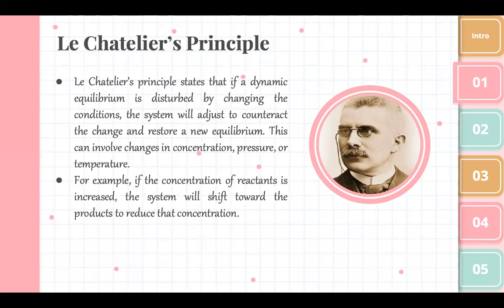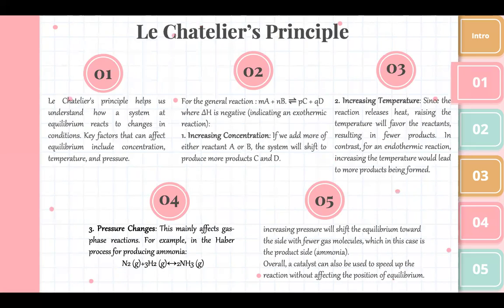For example, if the concentration of reactants is increased, the system will shift toward the products to reduce their concentration. Le Chatelier's principle helps us understand how a system at equilibrium reacts to a change in conditions. Key factors that can affect equilibrium include concentration, temperature, and pressure.